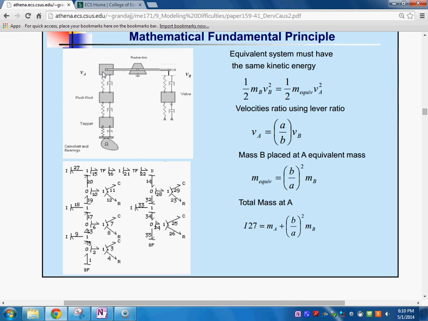See? So if you look at the relationship between the velocity of A and the velocity of B, they are related by the lever ratio, A over B, yeah?